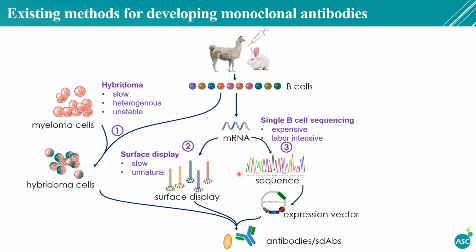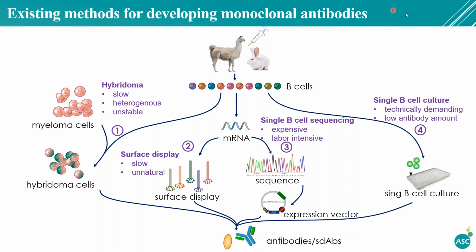According to the data provided, thousands or even more antibody sequences can be obtained in just a few days. But these sequences still need to be synthesized and cloned into an expression vector to finally produce the antibodies for screening. So in a sense, it's still lab intensive. Also, it usually requires a special instrument, which can be quite expensive.